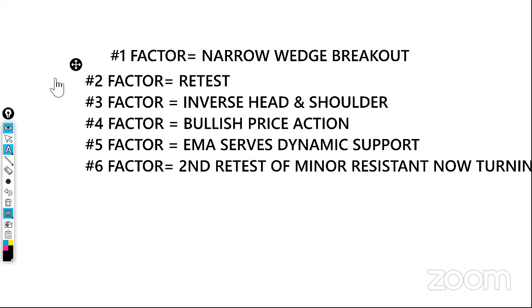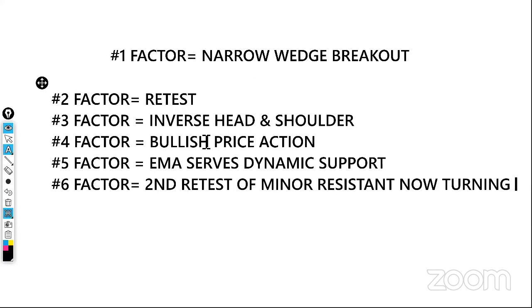Support. So these are the confluence factors right here.